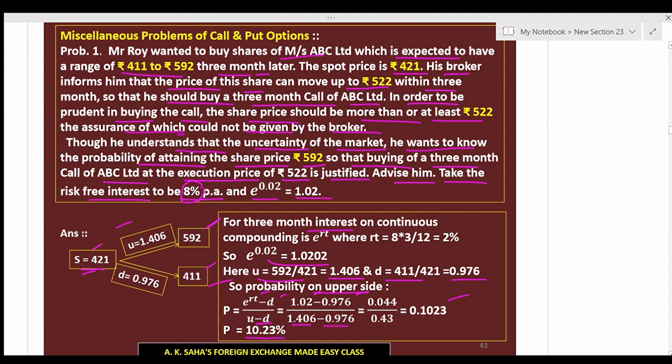So the question asks for the probability of attaining the share price of rupees 592. The probability of attaining the share price of 592 is 10.23%.